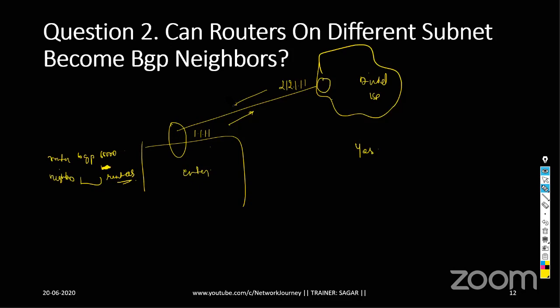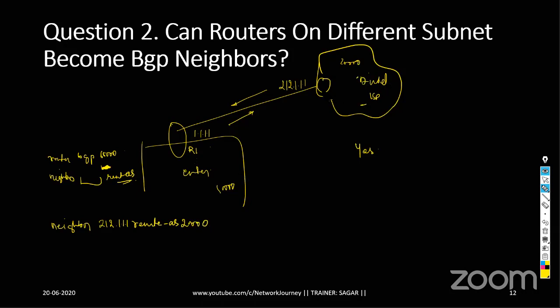My neighbor statement is always in this format. So while I'm configuring on router R1, I configure neighbor 2.1.2.1.1.1 remote AS, whatever AS this has. Let's say it has 20,000 and I myself have 10,000. So I'm going to say 20,000.